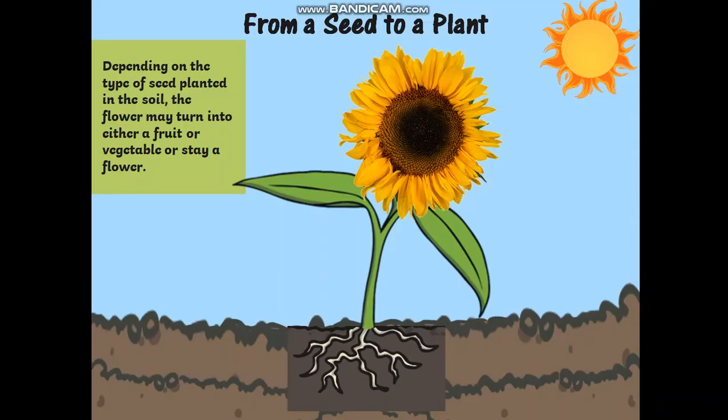Depending on the type of seed planted in the soil, the flower may turn into either a fruit or vegetable, or stay a flower.